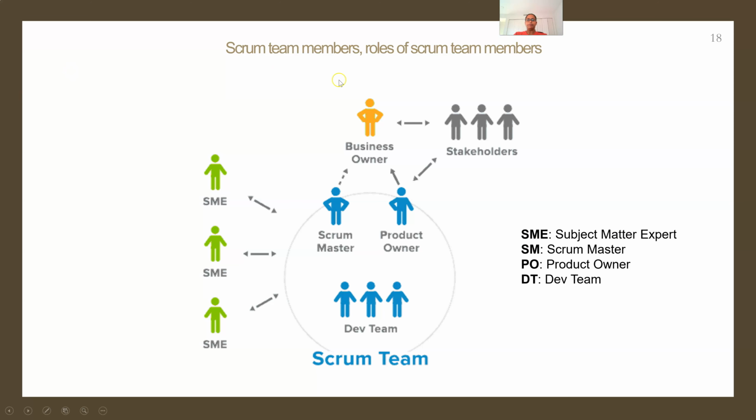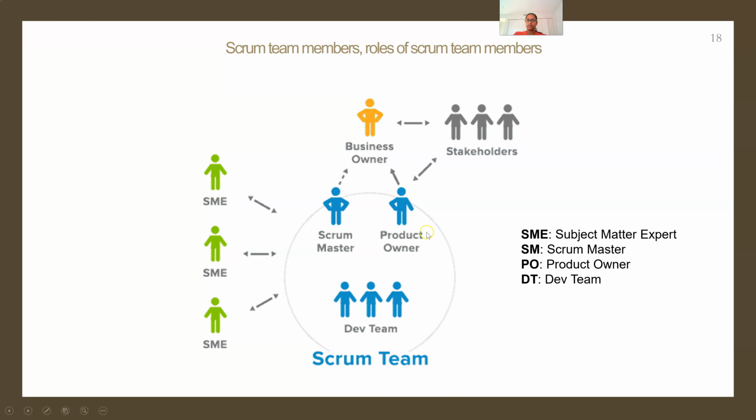Moving to the roles of Scrum team members. In the picture, we can see that the Scrum team mainly consists of the Scrum Master, Product Owner, and Development team. Apart from them, who would be interacting with this Scrum team is the SME. SME stands for Subject Matter Expert.